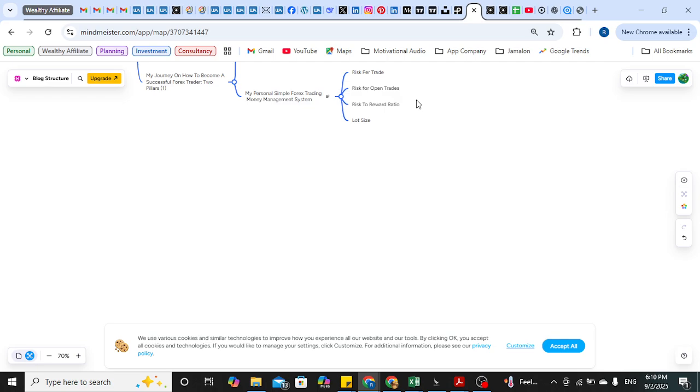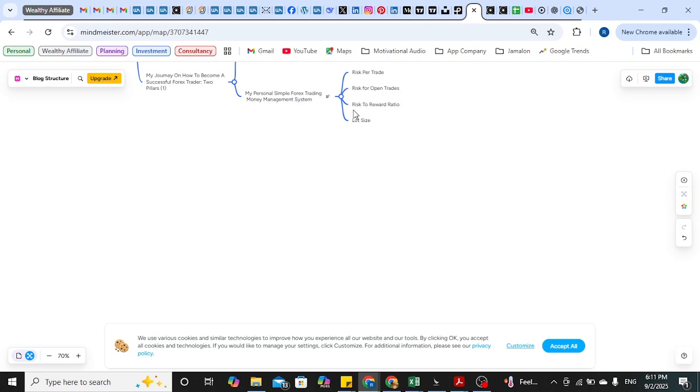So, what is the risk that I am allowing myself to take for those simultaneously open trades? For example, if I allow 3% and my risk per trade is 1%, it means that I am allowed to open only three trades at a time because each one is 1%. So 1 times 3 is 3% for all open trades.